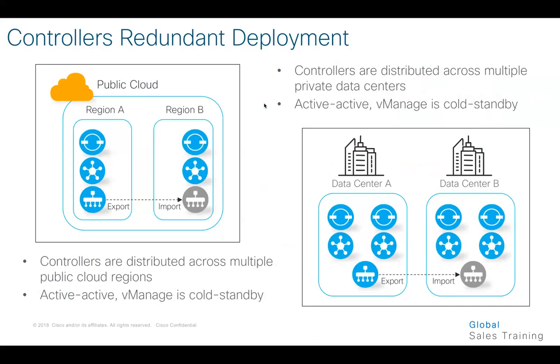But when you are hosting controllers in your private cloud, which is on-prem, you're going to have one set of controllers in one data center and another set of controllers in another data center. From there onwards, you take care of how many controllers you need based on the number of devices and the customer need, and you plan accordingly, right? The advantage, if your controllers are in AWS, is that you keep running a snapshot.